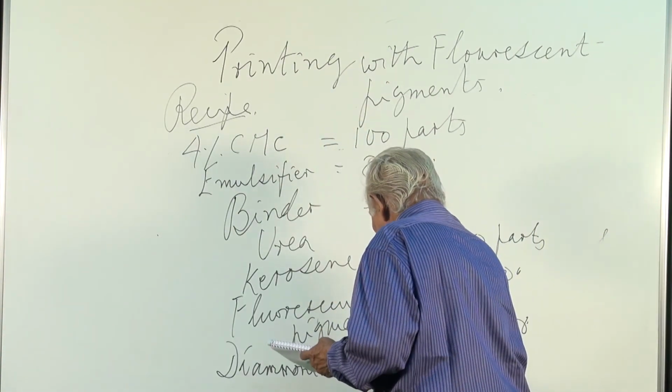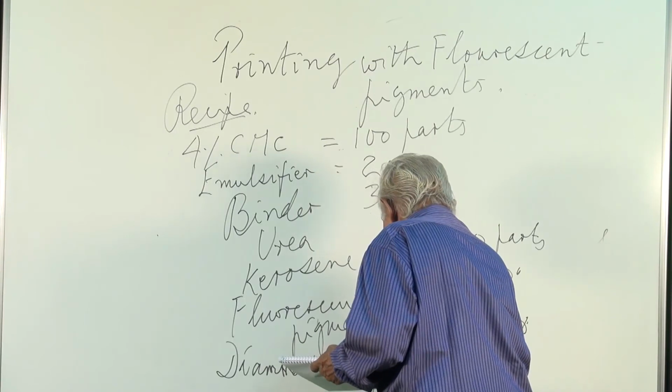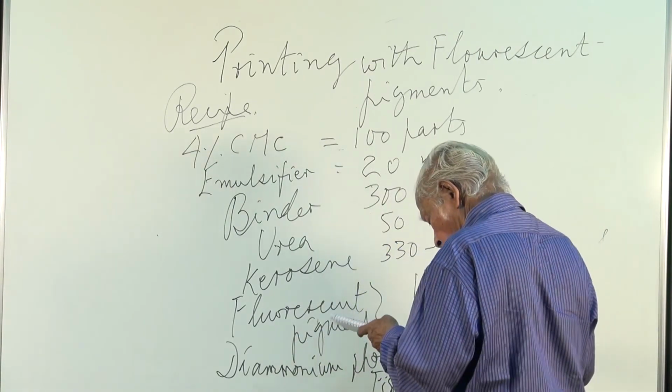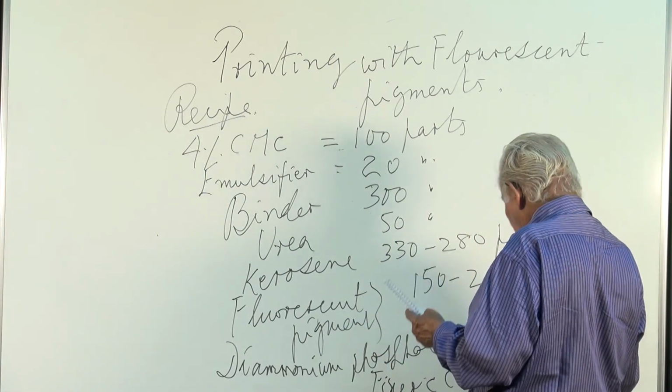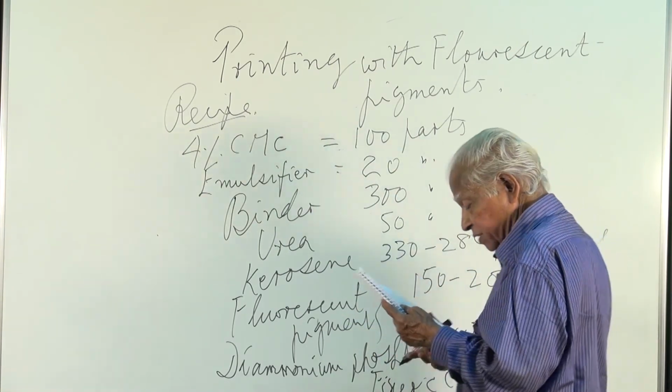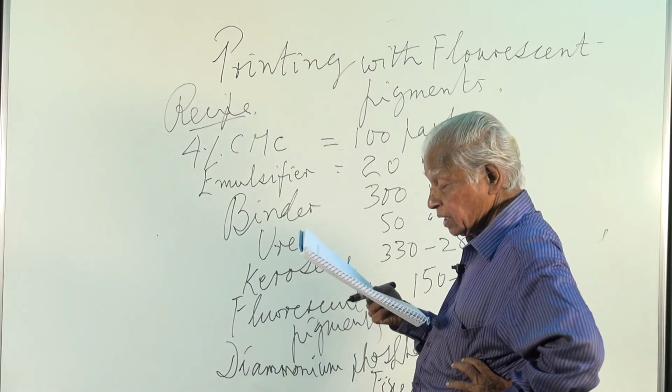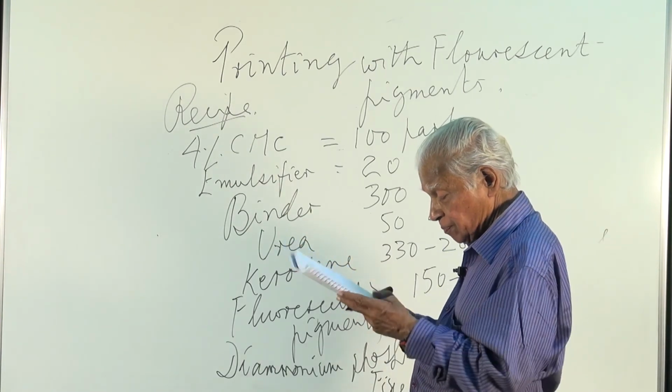Then fixer, CCl, 20 parts. So this gives you an idea about the recipe that is used in printing using these fluorescent pigments.